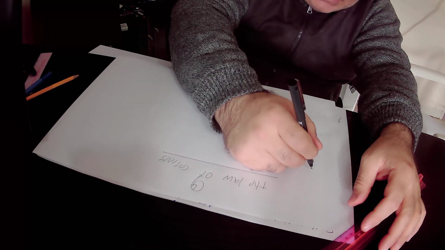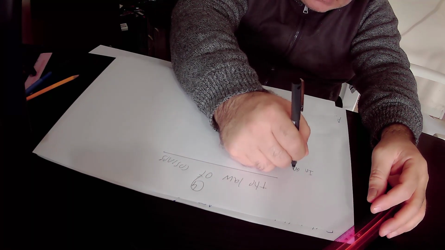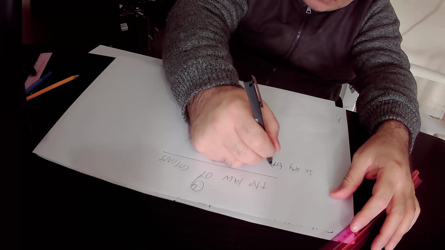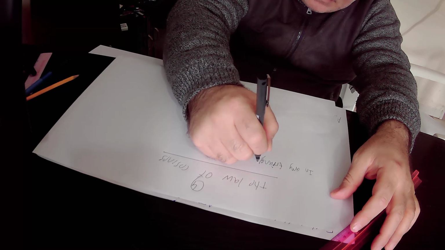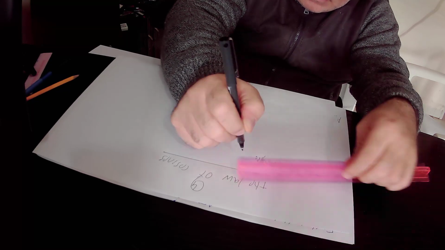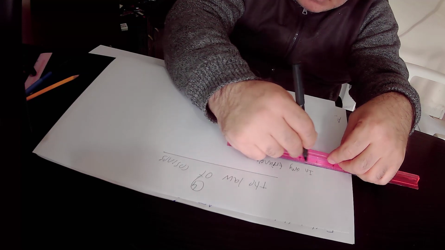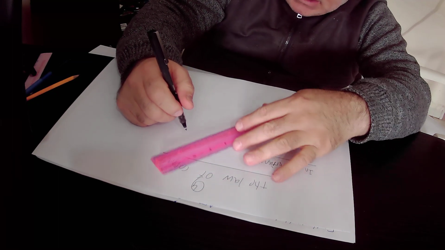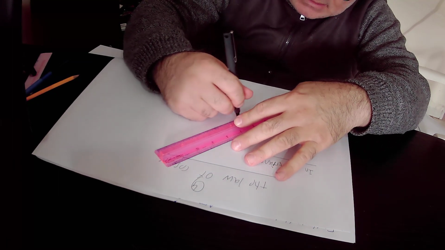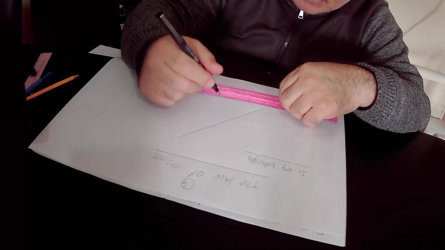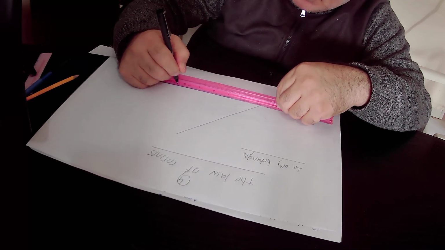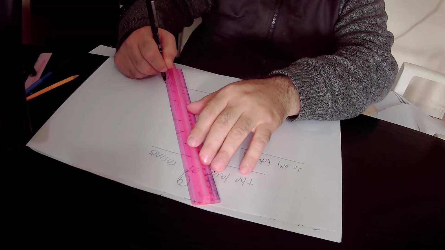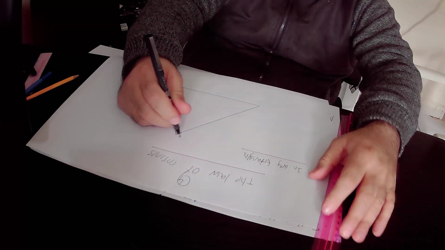So you can write down that in any triangle, so if we have triangle ABC, that could be any triangle. This is triangle ABC.